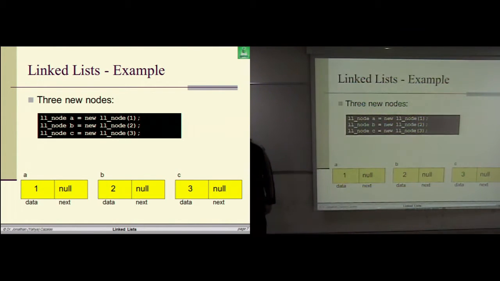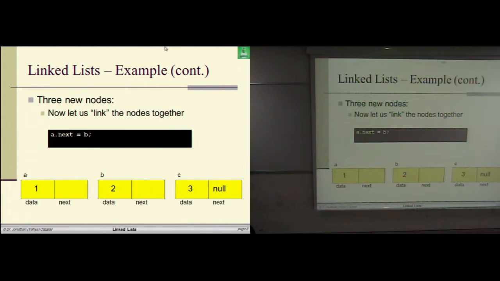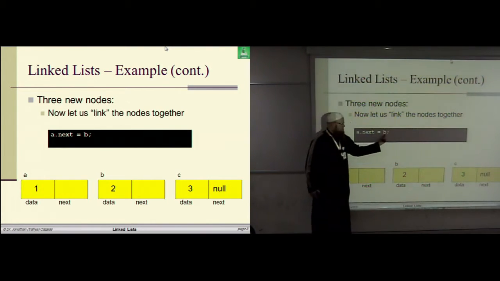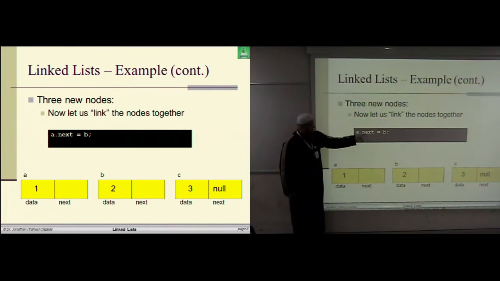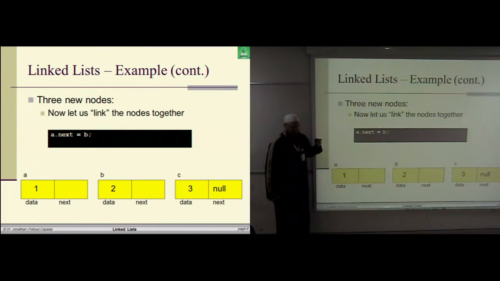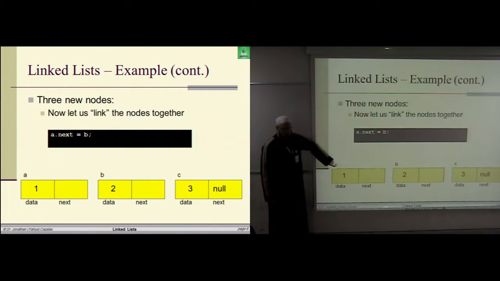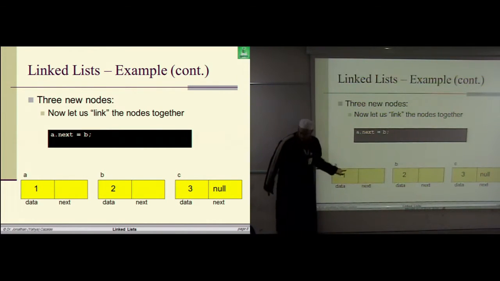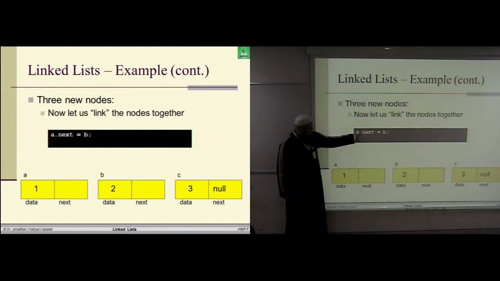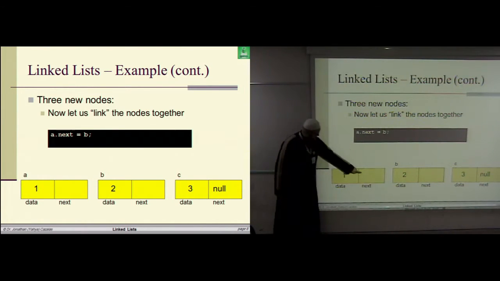So what does this next line say? This says take the address that is inside B, take the address inside B, and save it into the next of A. So what is A dot next? A is an address to this whole node. So then A dot next is this guy.